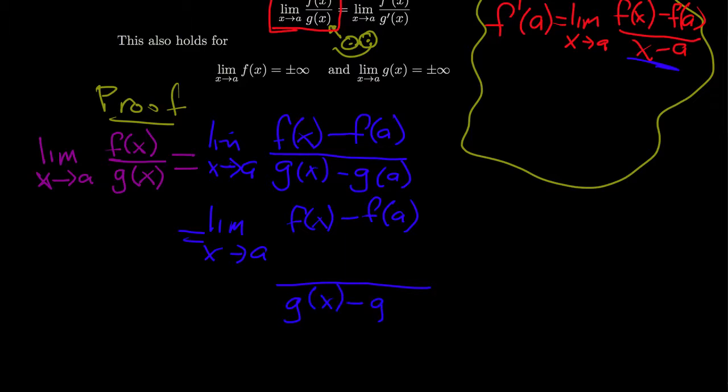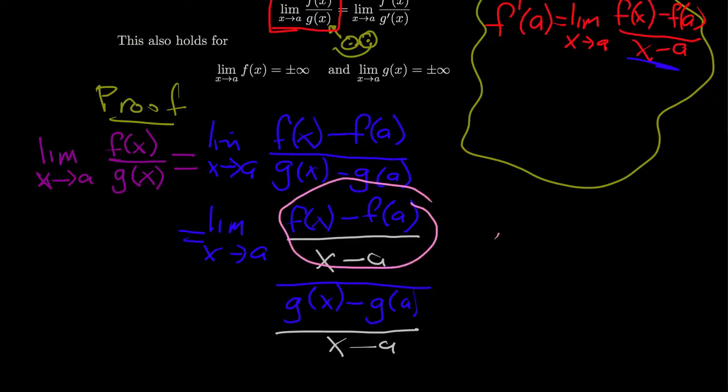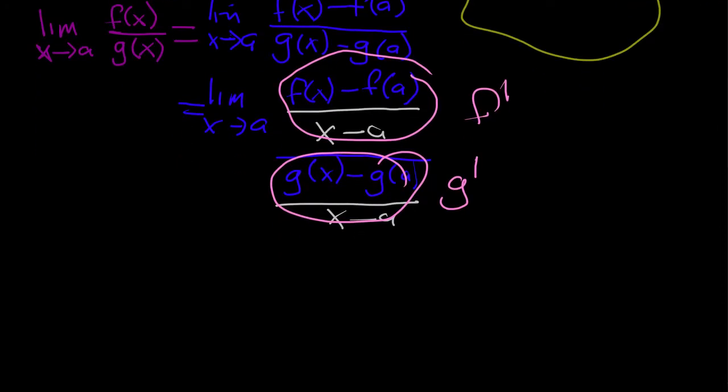What I'm doing is dividing the numerator by x minus a and the denominator by x minus a. And so then what I've got is basically this right here, that's f prime, and this right here is g prime. And that's it.